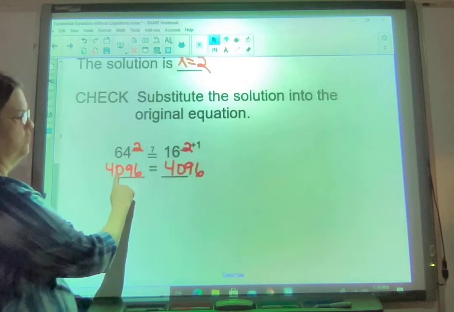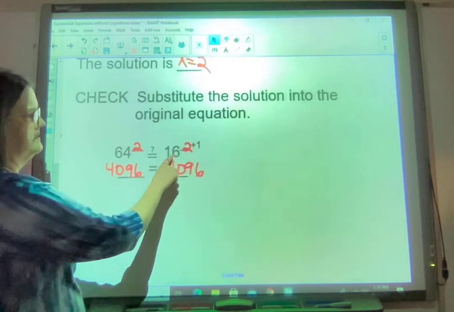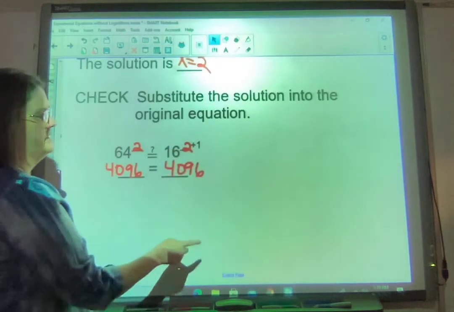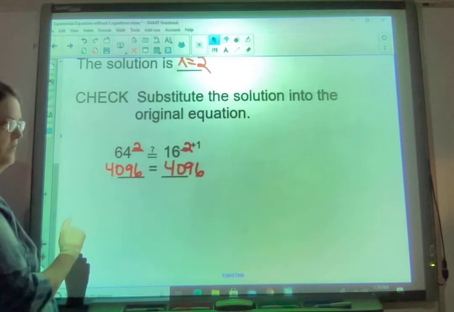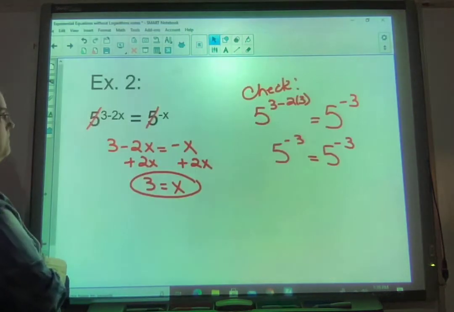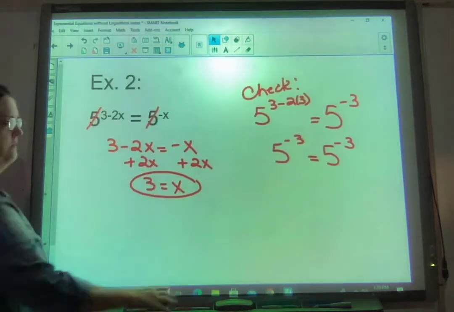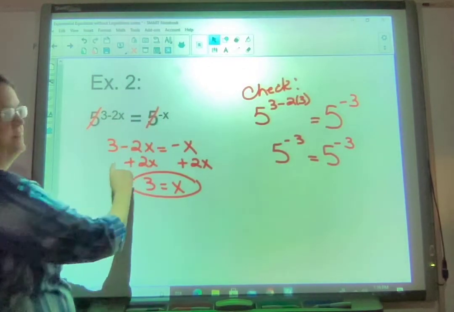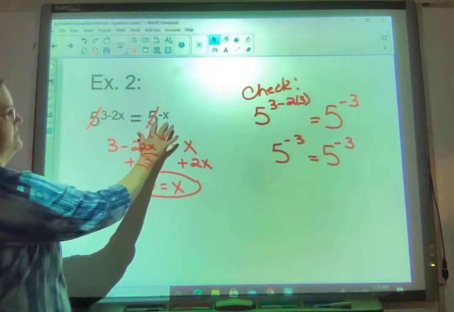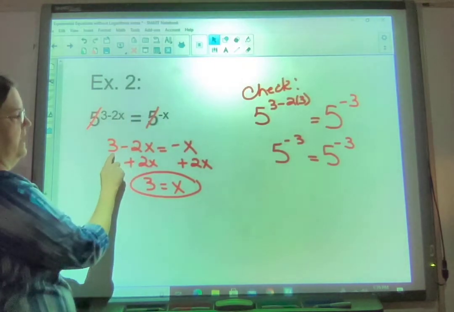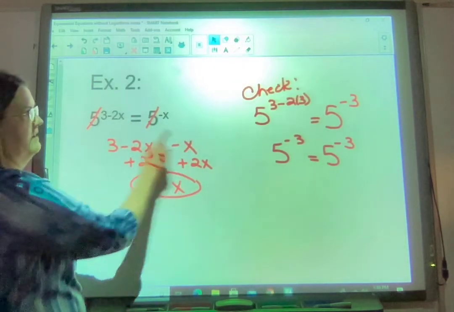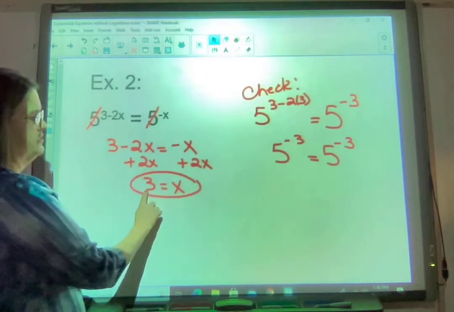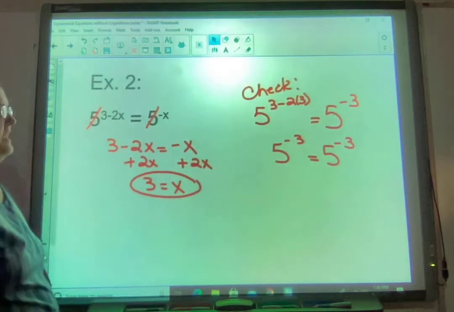So 64 squared, 4,096. 16 to the 2 plus 1 power would be 16 to the 3rd power, which is 4,096. Okay, now if you'll notice here, they have the same base, so I've just dropped the base and set the exponents equal to each other, and I have 3 minus 2x equals negative x, and I pull 2x over here to be with x. So 3 is equal to x, and then I check it out.